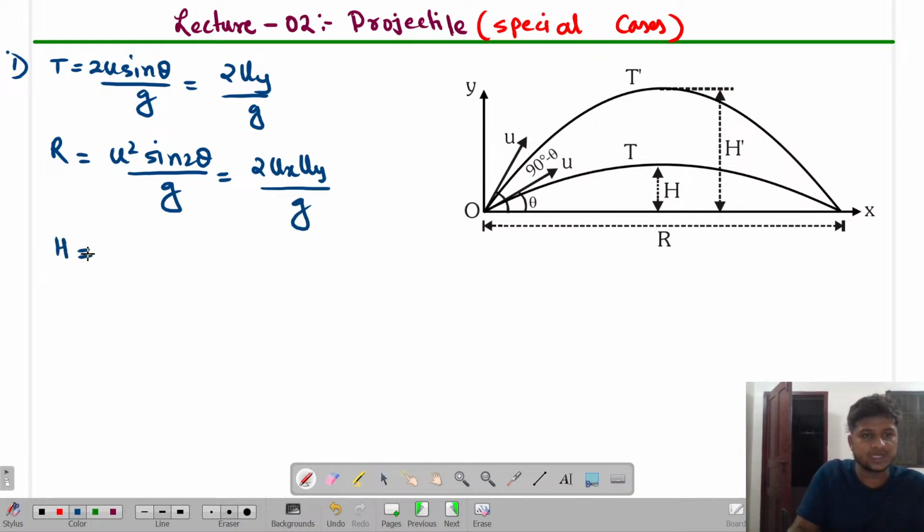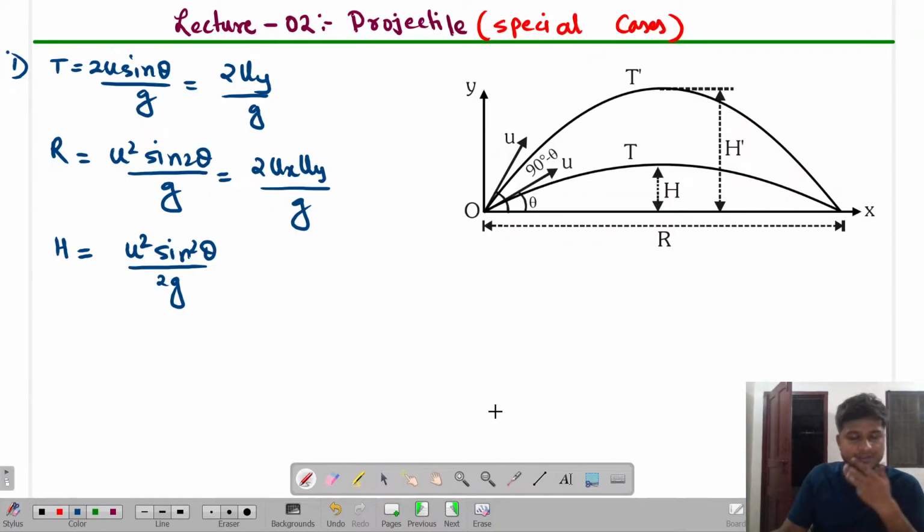And height was given as u square sine square theta upon 2g. That was my maximum height of the projectile. With this idea, we'll try to move ahead and see the things.